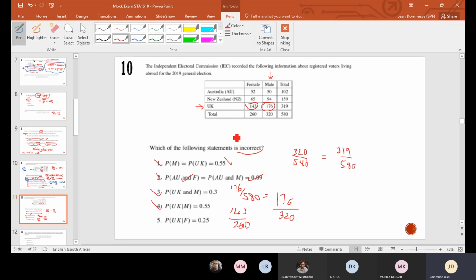The reason why divided by 260 is that they tell us it is given that you are female, so what is the probability that you are in UK? So 143 divided by 260 is also 0,55. A lot of 0,55s, but they give us 0,25. So this one is the wrong one, because we would have said this is also 0,55.